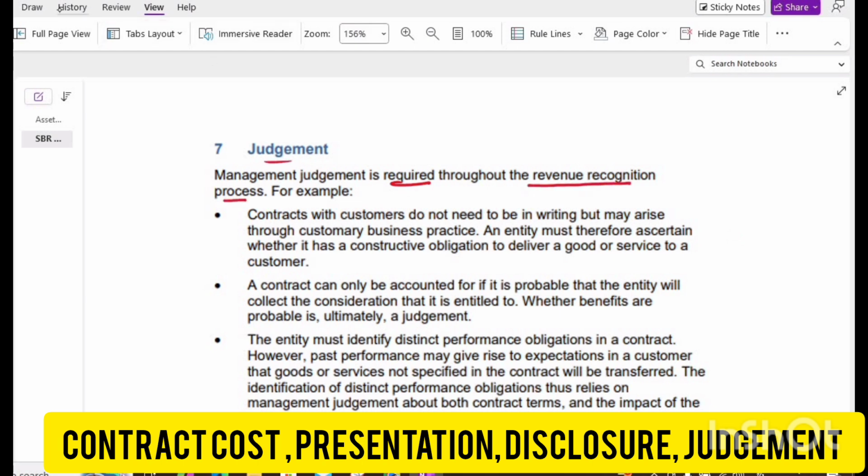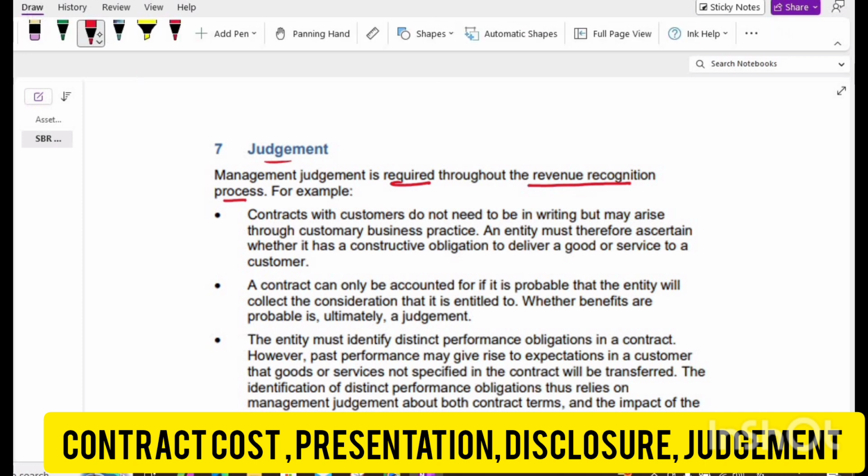The first one is that a contract with the customer doesn't need to be in writing, but may arise through customary business practices. An entity must therefore ascertain whether it has a constructive obligation to deliver goods or services to the customer.